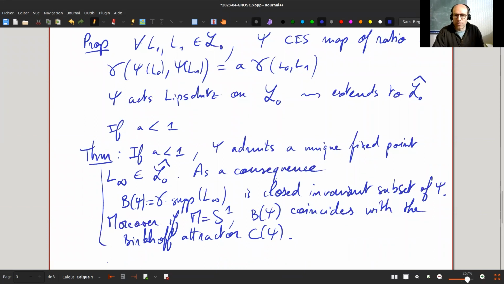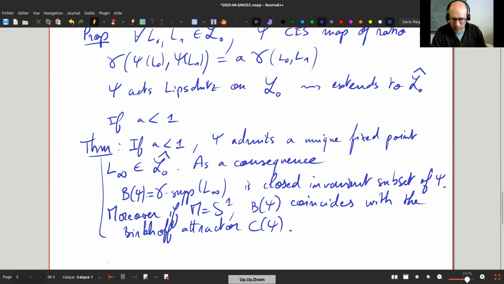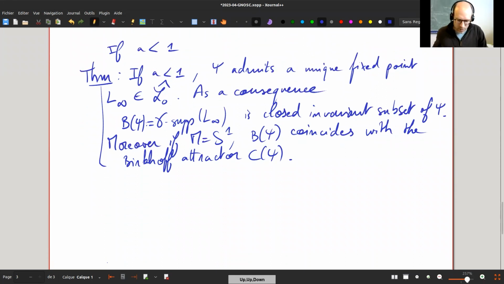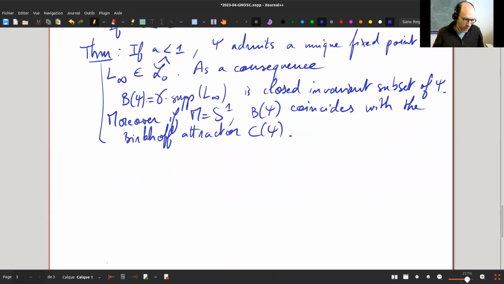From the point of view of dynamical systems, it's interesting. We have a closed invariant subset, which is canonically associated to the map psi. And it generalizes something classical, so we can try to study it.